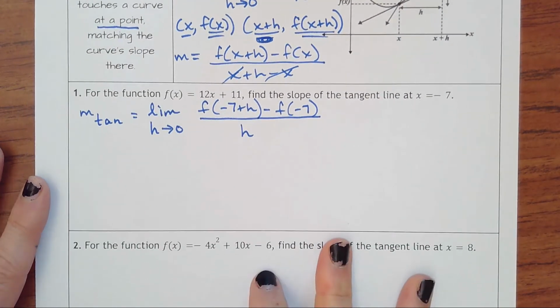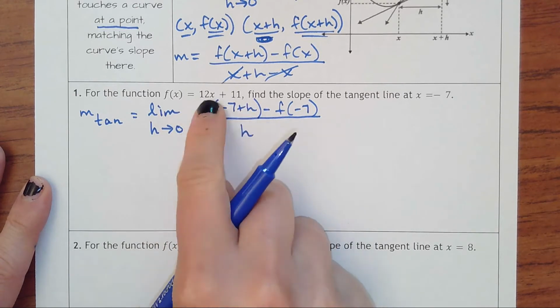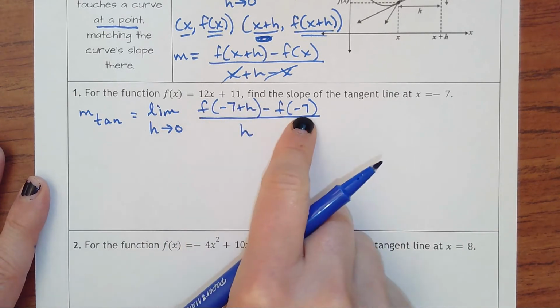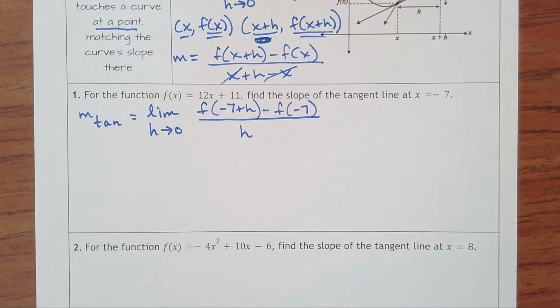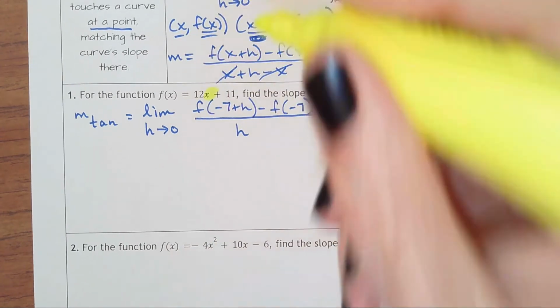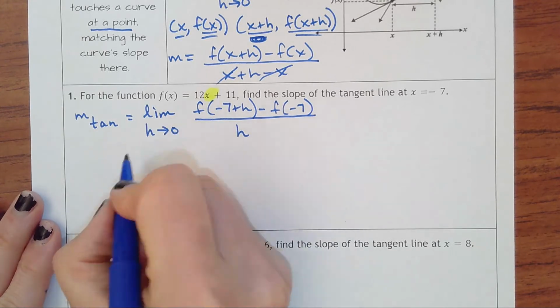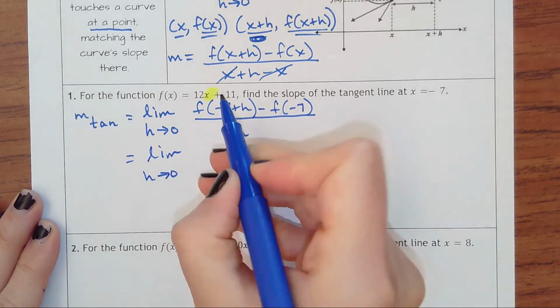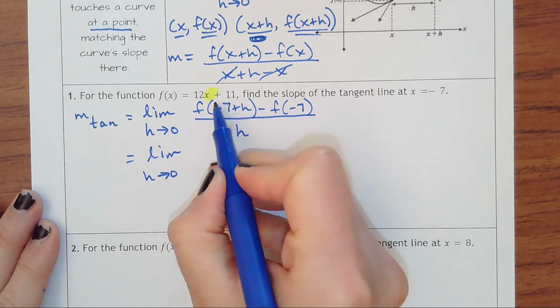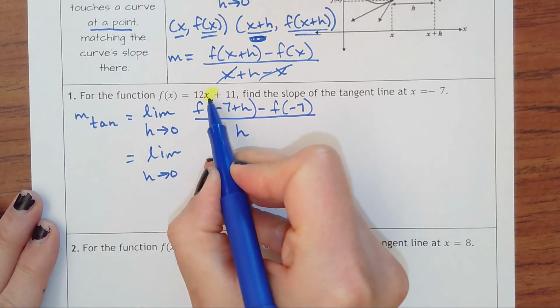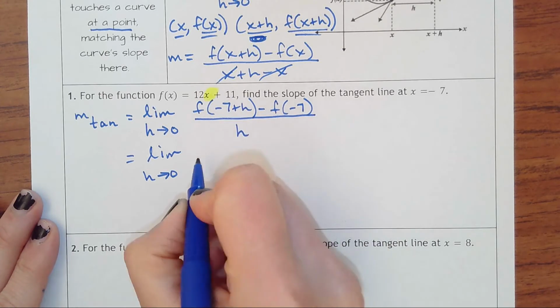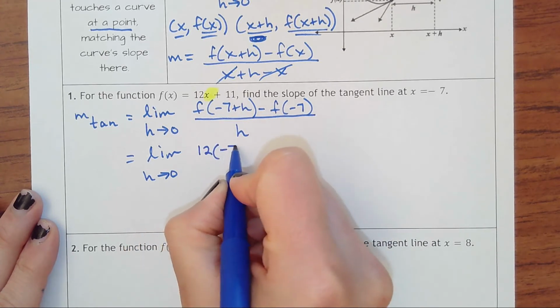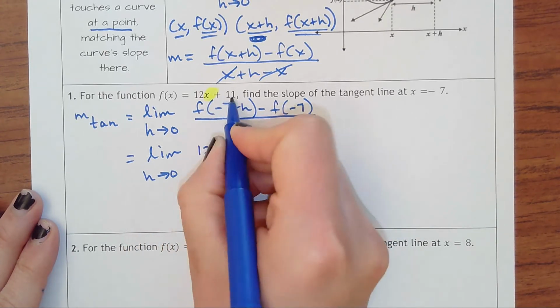Then what we're going to do is use this function and plug these pieces in. So x will get replaced with things. Okay, so I'll rewrite this as the limit as h approaches 0, and then I'm going to take this -7 plus h, and it's going to get put in for x. So this would be 12 times -7 plus h, then plus 11.